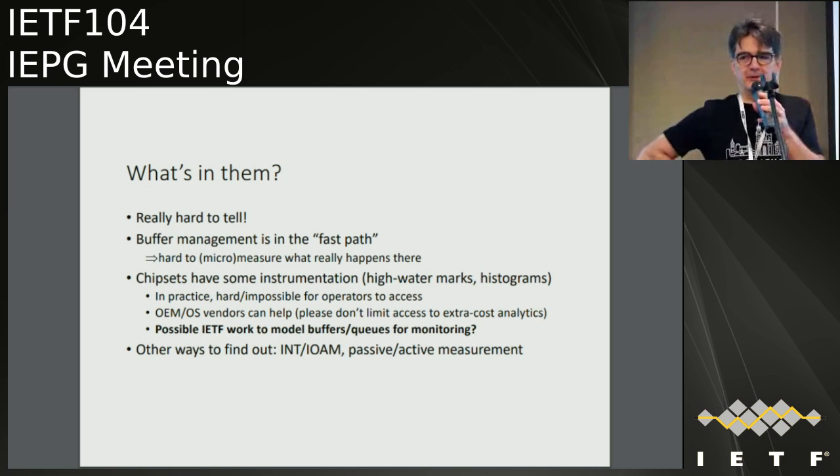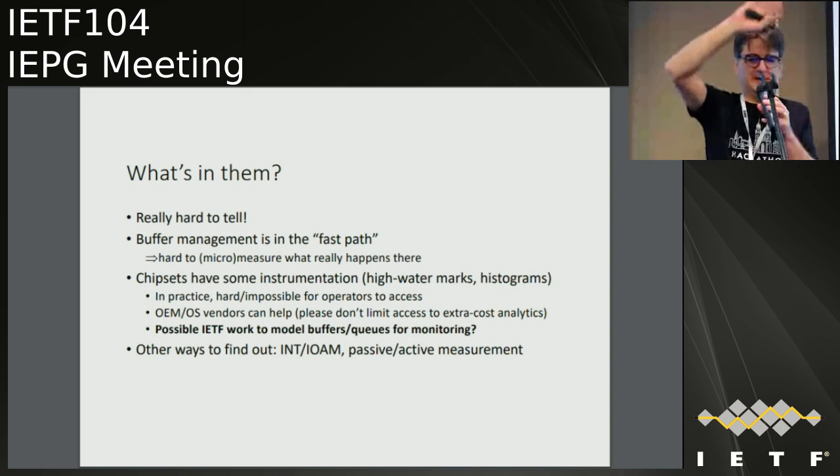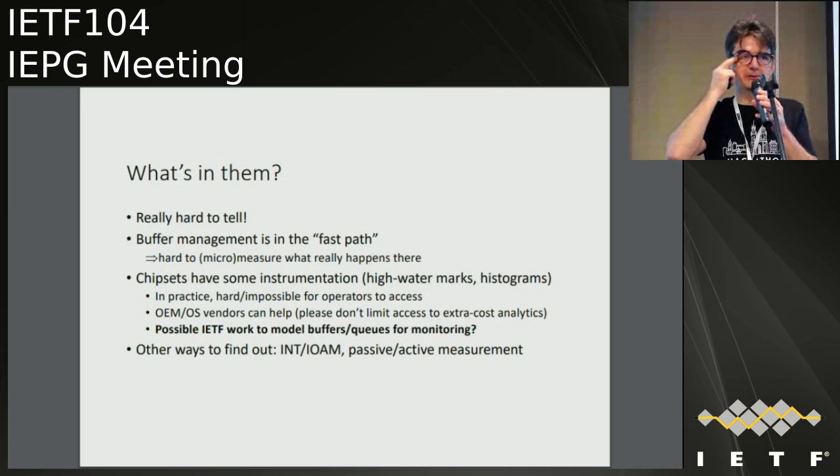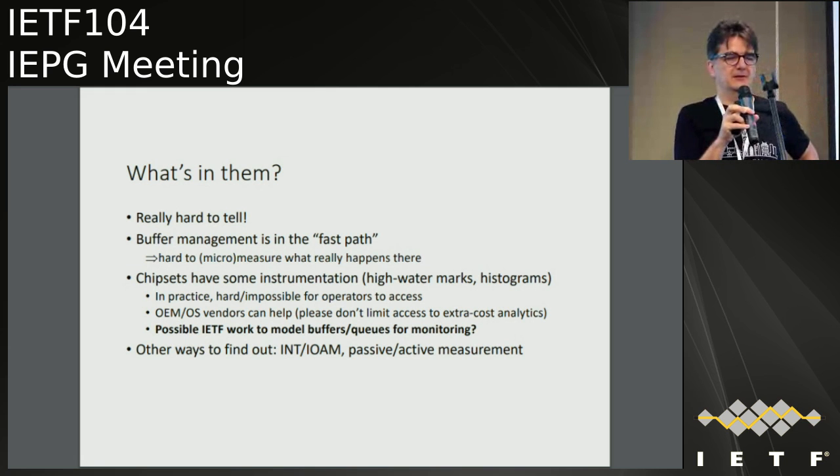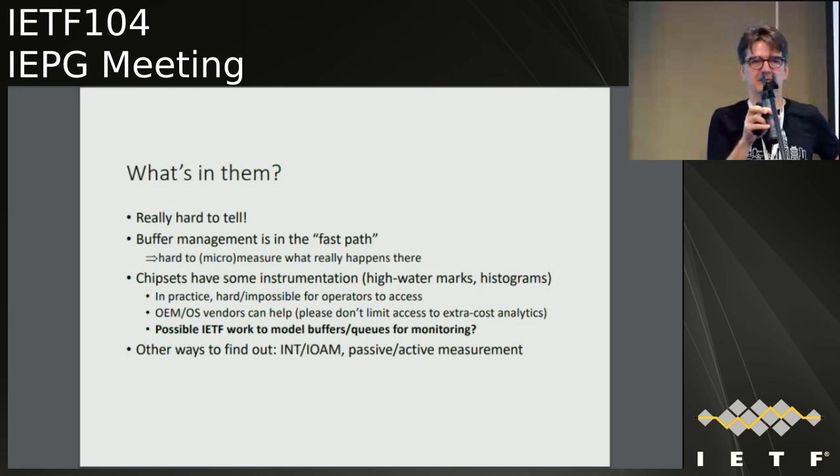So one of the things I'm struggling with is that if the research community wants to encourage operators to modify their thinking or experiment with new recommendations on buffer sizes, we have to give them the possibility to see how much they need, right?